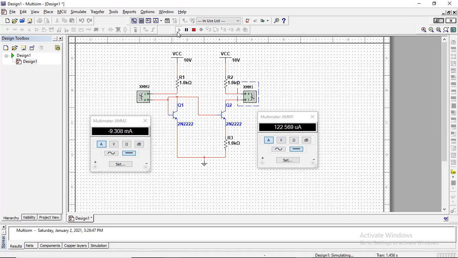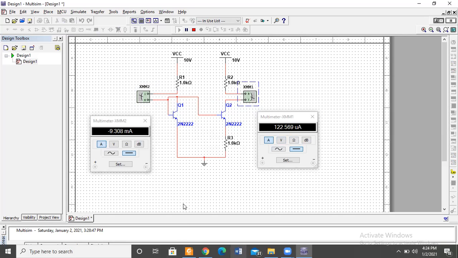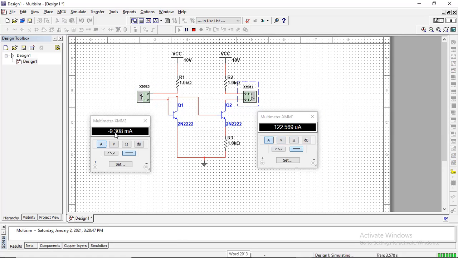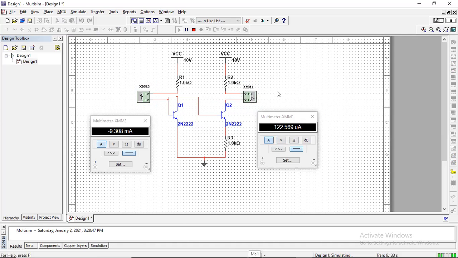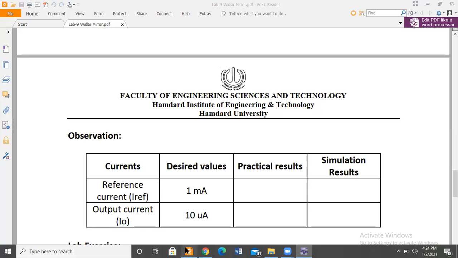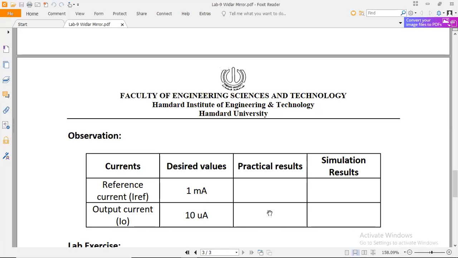So automatically the current mirror circuit provides the output. This is in milliampere and this is in microampere. So this is how to measure the current. In a practical scenario, the practical result is the same as the simulated result, with a slight difference between the two. The simulated I reference would desirably be 1 milliampere.